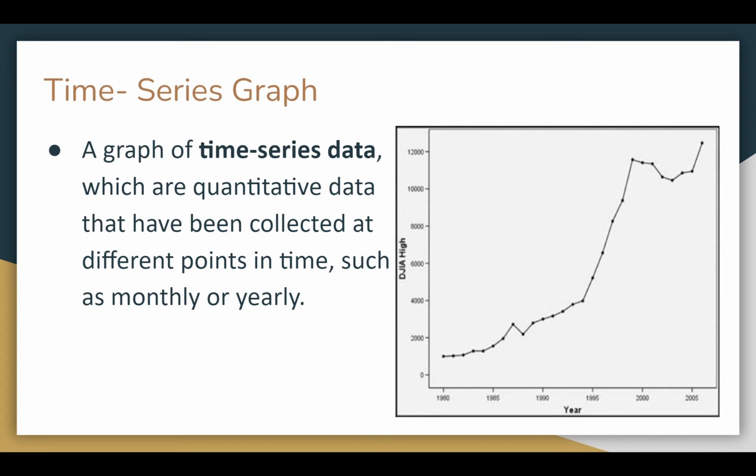All right, so a time series graph is a graph for quantitative data, again numerical data, that has been collected at different points in time, such as monthly or yearly. So at different points in the year or over years, we collect the data and it is graphed. Some things you can get from this: we can see in what year the DJIA was highest, and you could see the highest would be here.